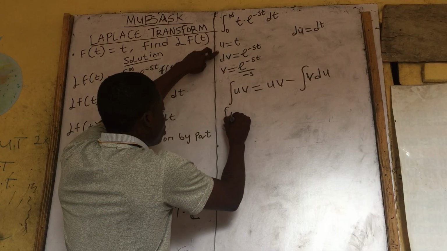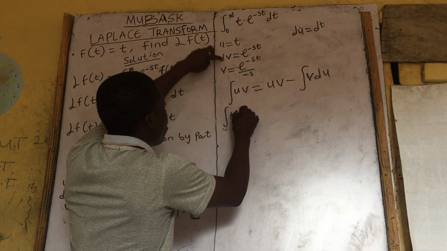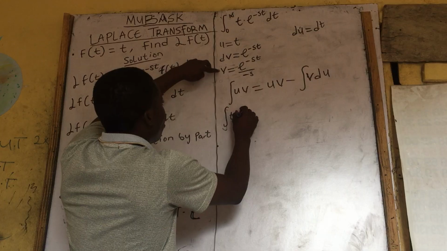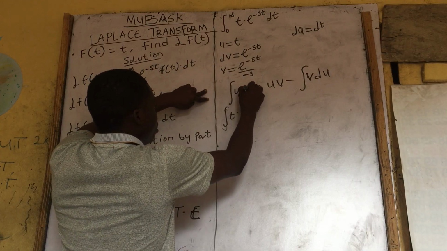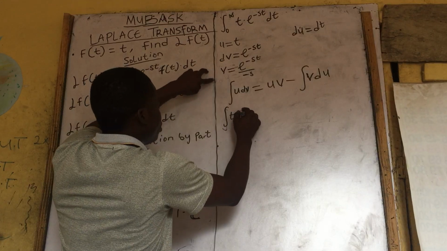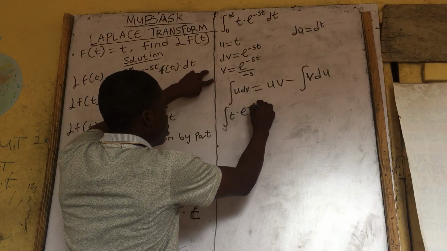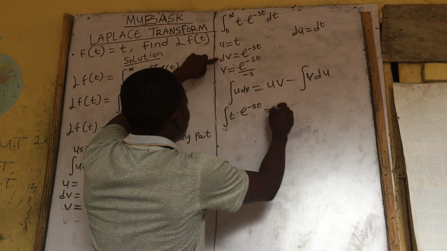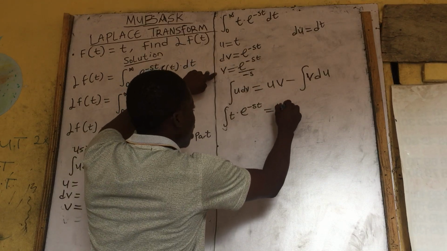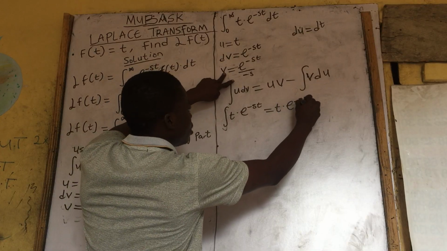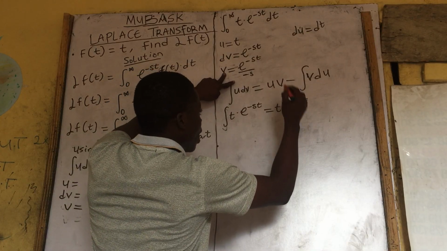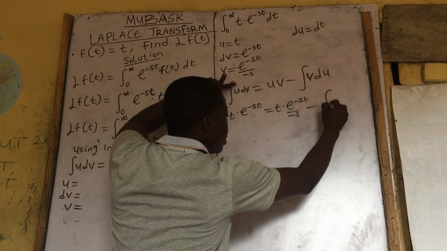What is our dv? Our dv equal to exponential minus st. So uv is t times our v, which is exponential minus st divided by minus s, minus integral.